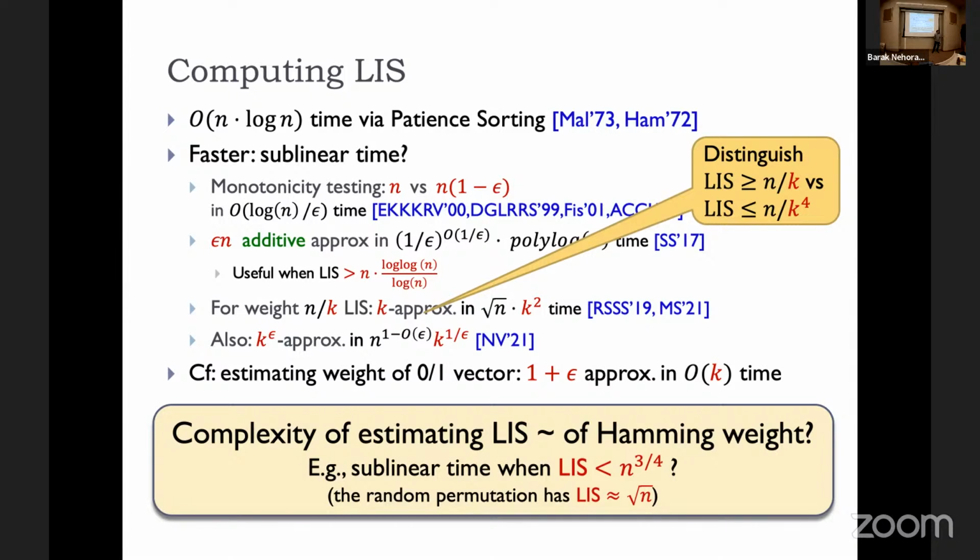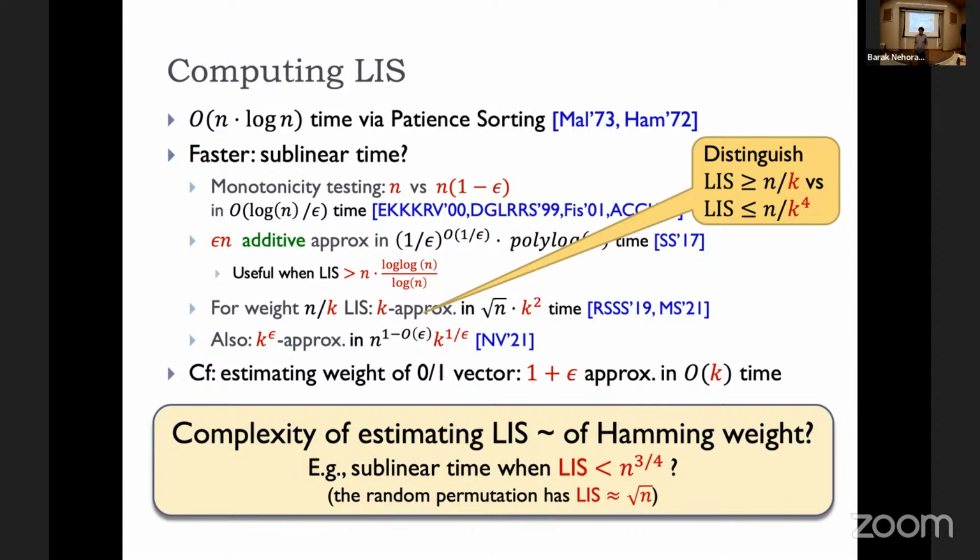So there's no gain over patience sorting in this regime. You should also think about what is a natural value of LIS. If you look at a random sequence, then LIS is already of length about root n. So this means that this algorithm shouldn't be able to tell a random permutation from a random permutation with something planted there, which is a little bit off.